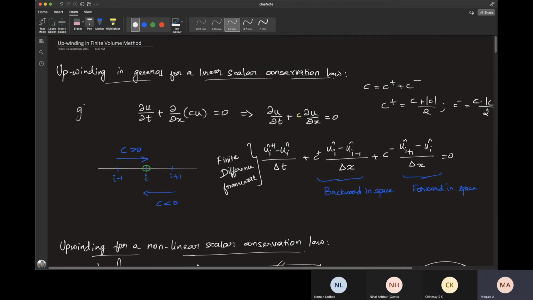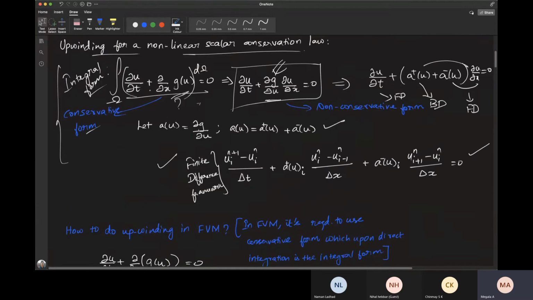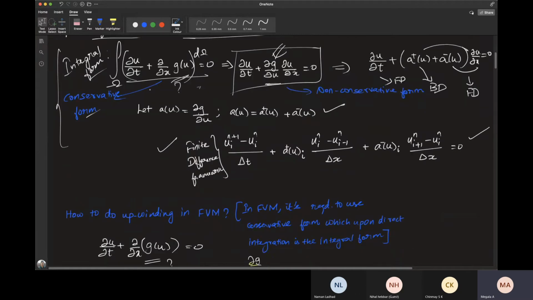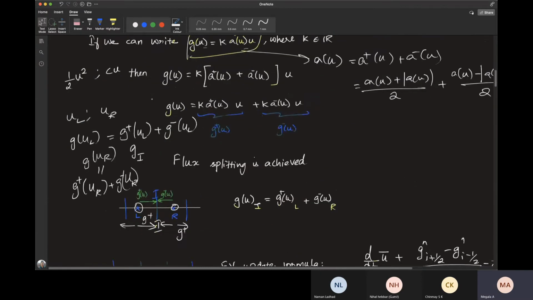Here g of u equals cu for our linear scalar conservation law. So this is also a scalar. And we also saw it for nonlinear scalar conservation laws, where u again is a scalar and g of u is a function of u, and it's also a scalar. In that case, we saw how to do upwinding.